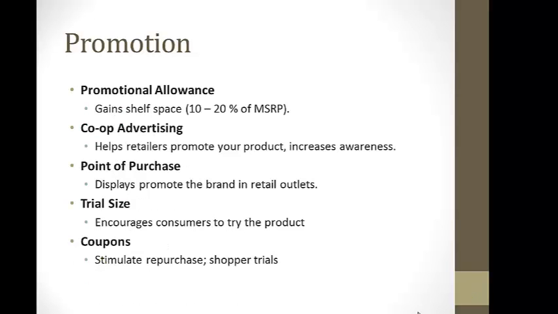The brand manager is going to create a detailed co-op advertising breakdown and a detailed consumer promotion breakdown. Promotional allowance gains shelf space from about 10 to 20% of your MSRP. Co-op advertising helps retailers promote your product and increases awareness. Point of purchase displays promote the brand in retail outlets. Trial sizes encourage consumers to try the product, and coupons will stimulate repurchase and shopper trials.